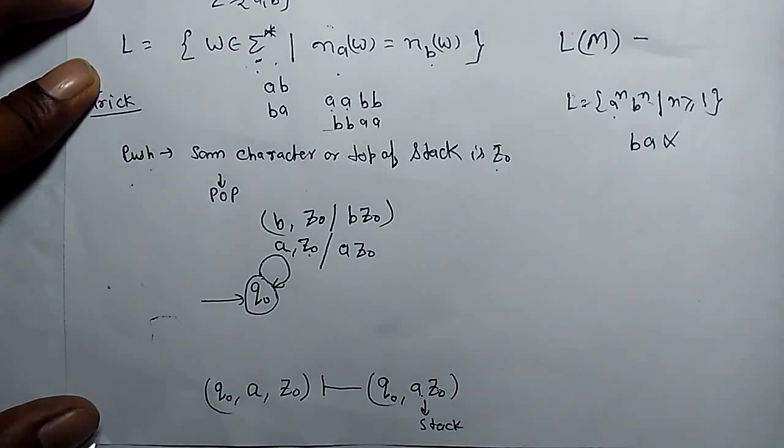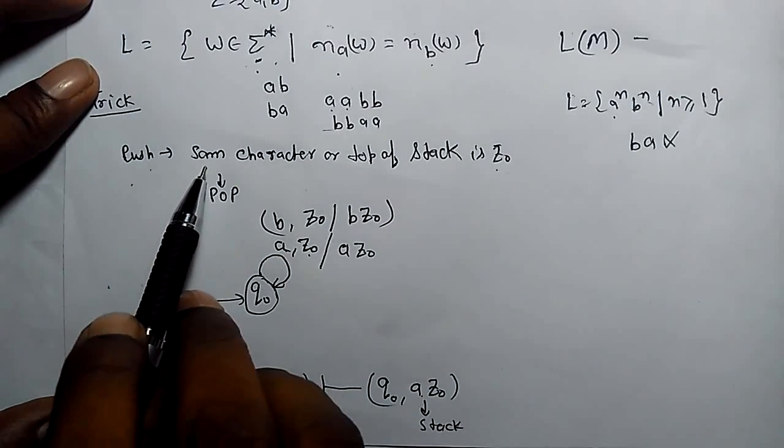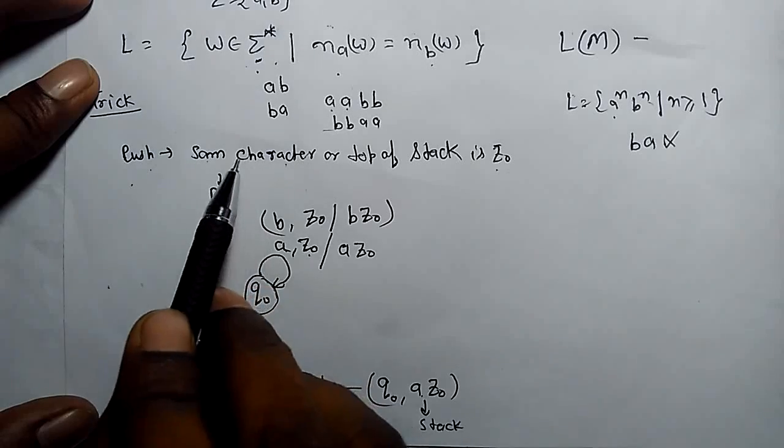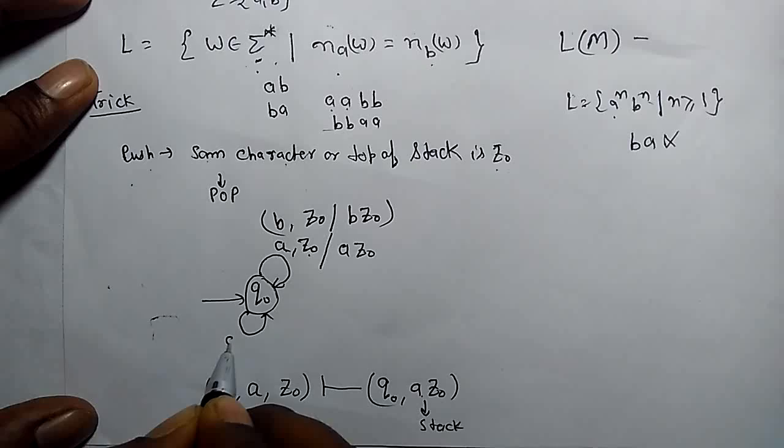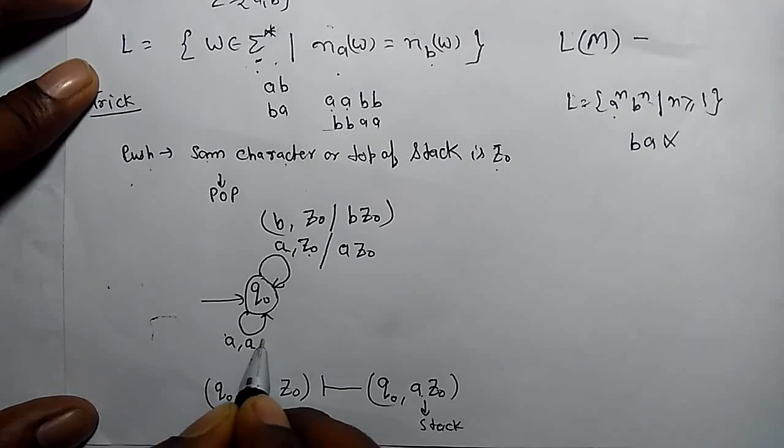These are the two conditions for push operation, and if the same character is read, then also perform push operation. It means if you read A and the top of the stack is also A, then you perform push.